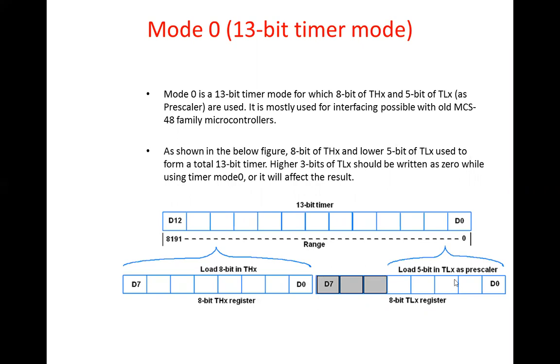You use only D0, D1, D2, D3 and D4 of the lower 5 bits of the timer lower register, plus the 8 bits from the higher register. So you count up to 13 bits, and you can make a delay up to 13 bits.